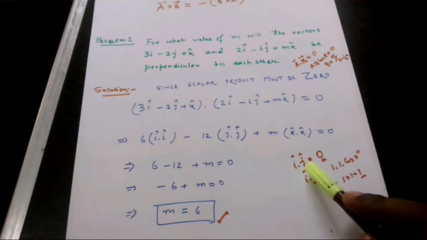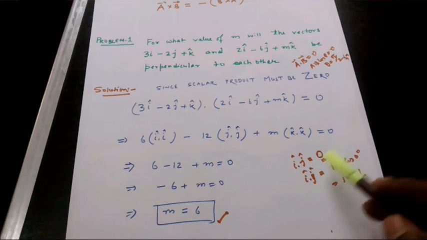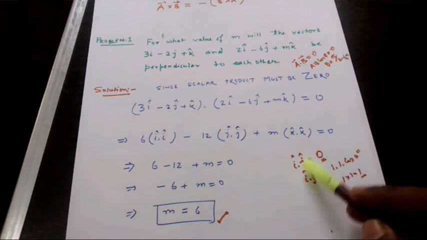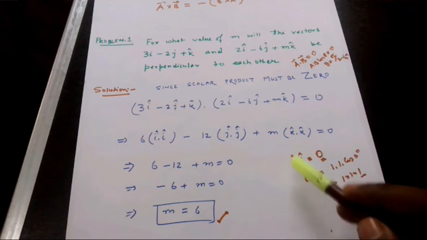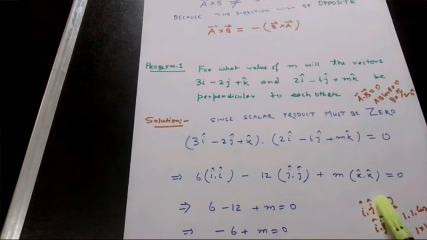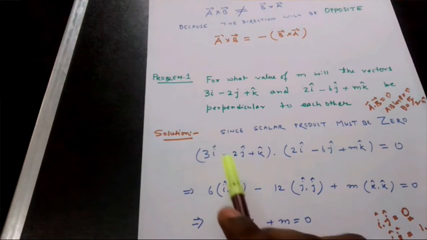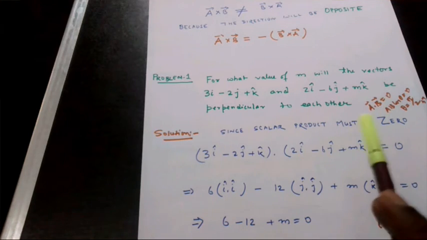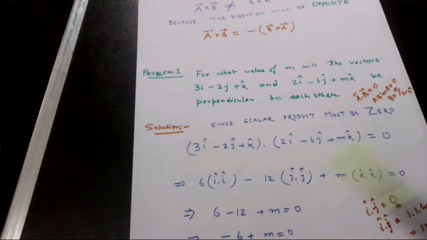Just like i cap and j cap: the magnitude of i is 1, the magnitude of j is 1, but the angle between them is pi by 2, that is 90 degrees, and cos pi by 2 is 0, so overall it becomes 0. That's why I am multiplying the component of i only with the component of i of the other vector, similarly j and similarly k.